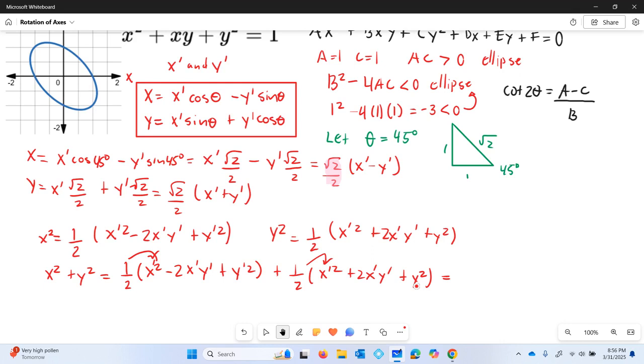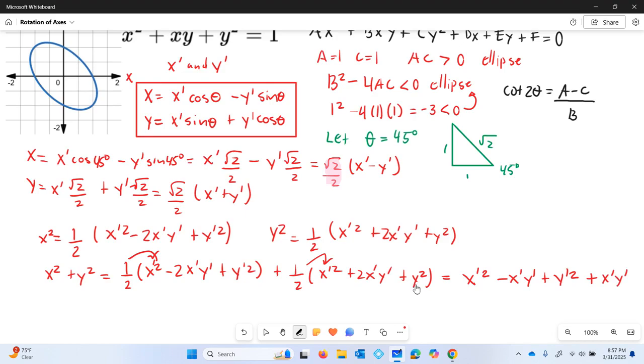But if you do that, hopefully you'll see that when you take 1/2 of the first term, plus the other, it's just going to be x prime squared plus y prime squared. The x prime y prime terms cancel each other out because one is positive and one is negative.